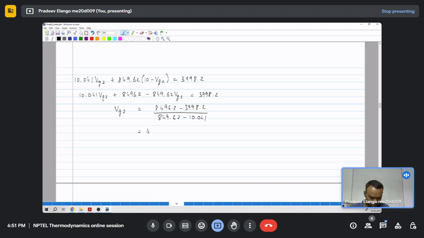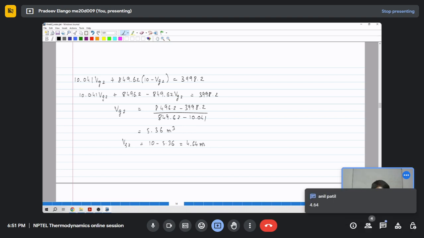So I get 5.36 meter cube. Now Vf2 will be 10 minus 5.36, that is 4.64 meter cube.